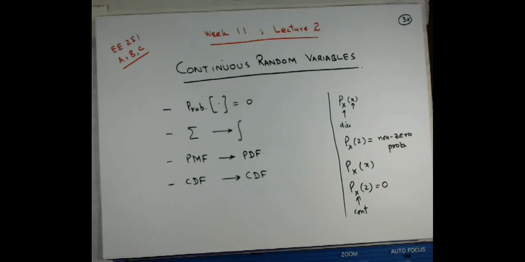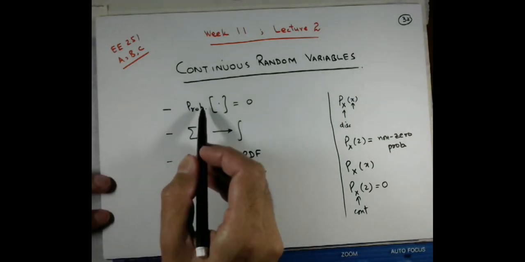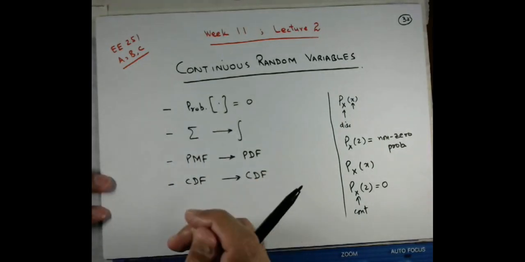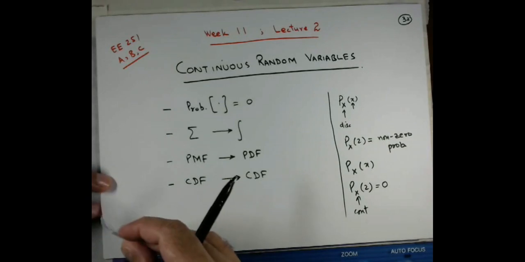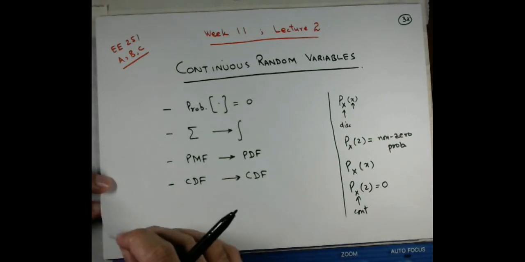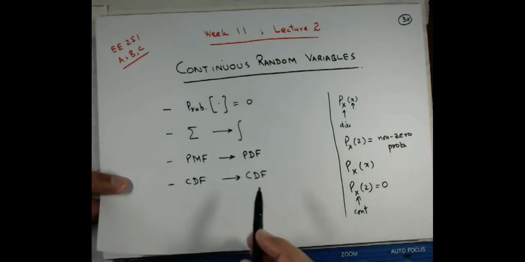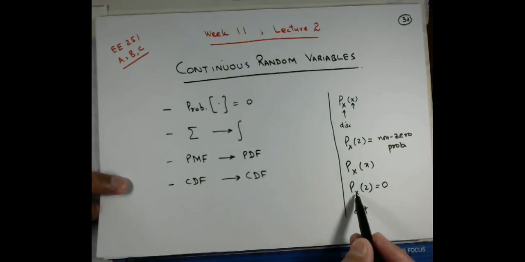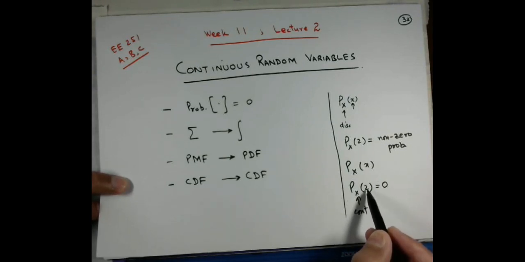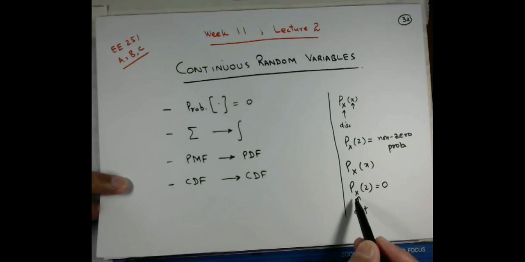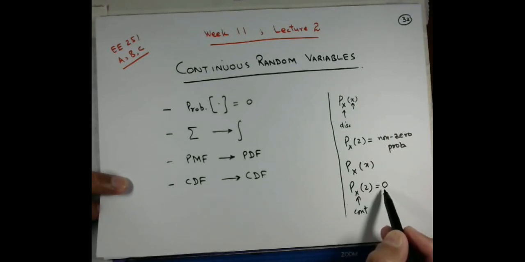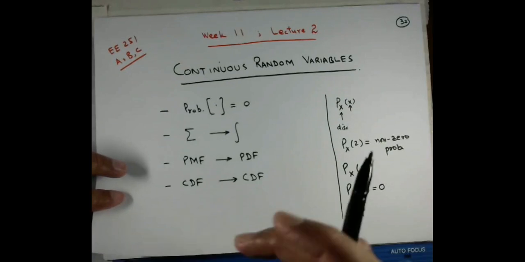So if this is understood, I'll move back to point number 1 and give you a conceptual note with an example on how to easily imagine why the probability of a particular point of a continuous random variable x is 0. Why it is 0? Let me now show you.